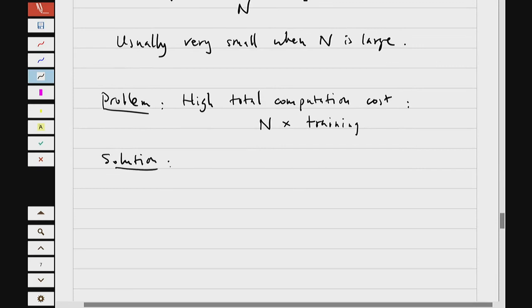The solution, of course, is you don't do this n times of training, right? You do only V times training, and this is so-called V-fold cross-validation.